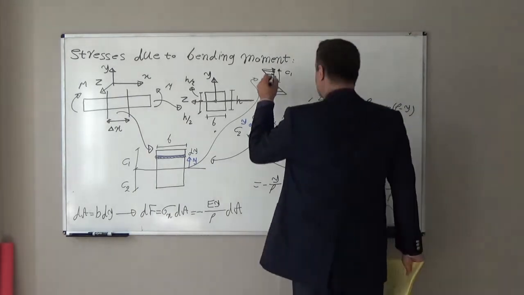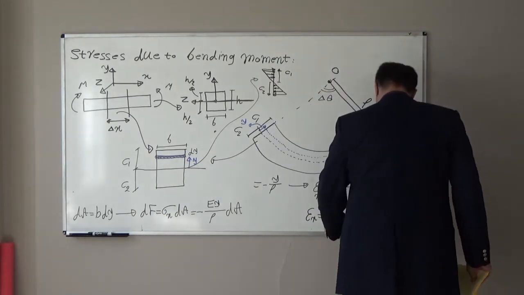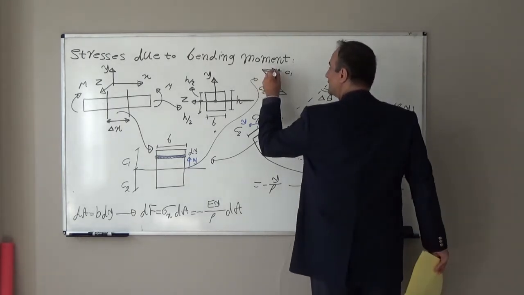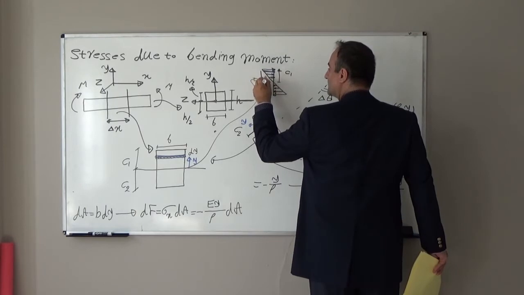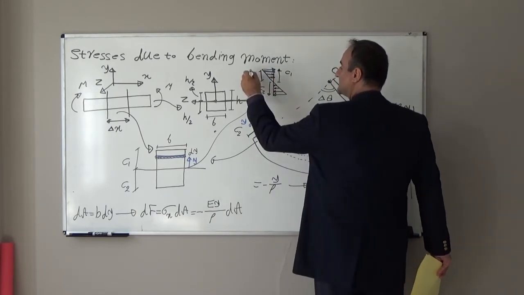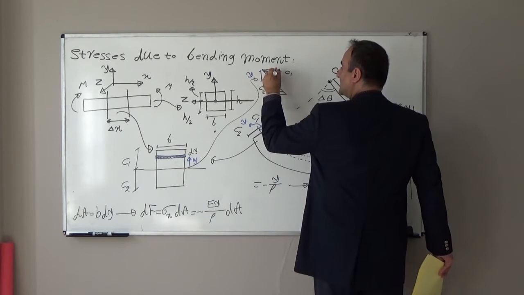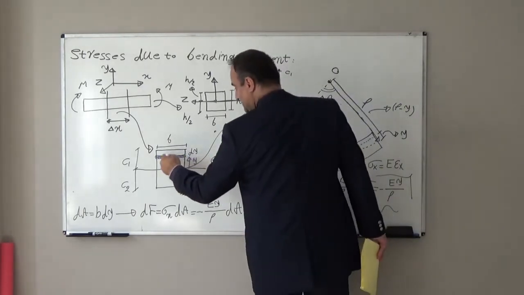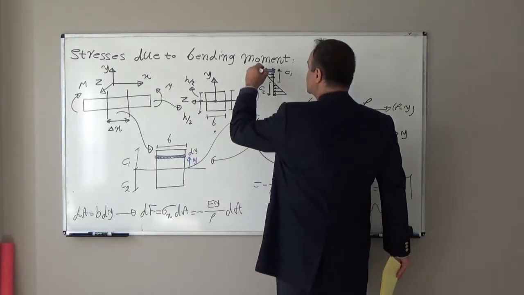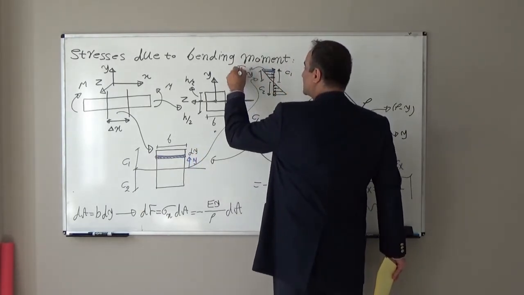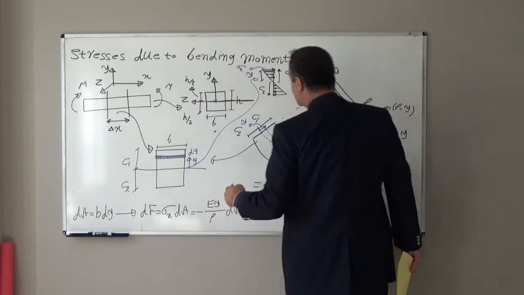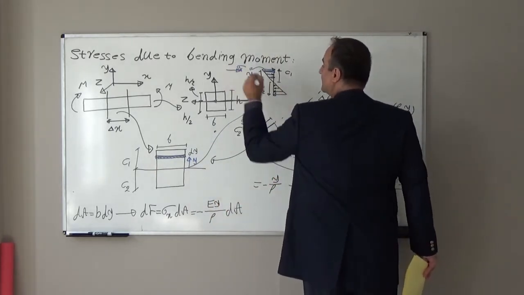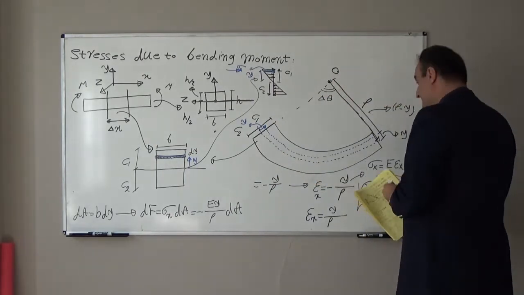For this blue fiber, for example, the location from the neutral axis is y and the thickness is dy. In the cross section we will see it like this. So stress sigma x times this dA will give us the force dF acting on that element.